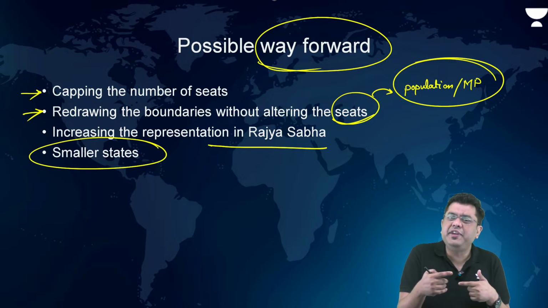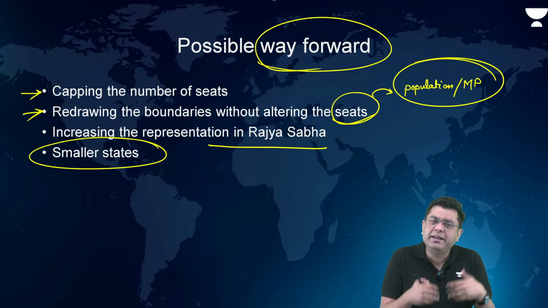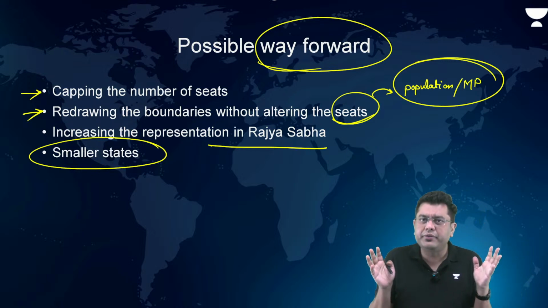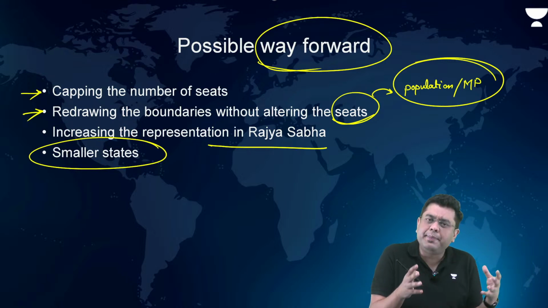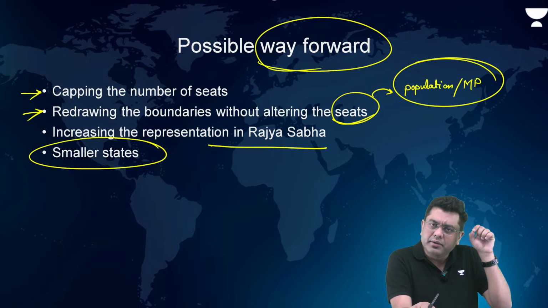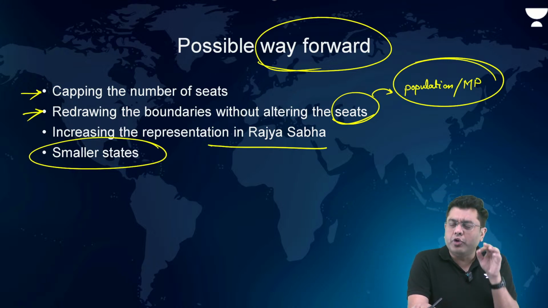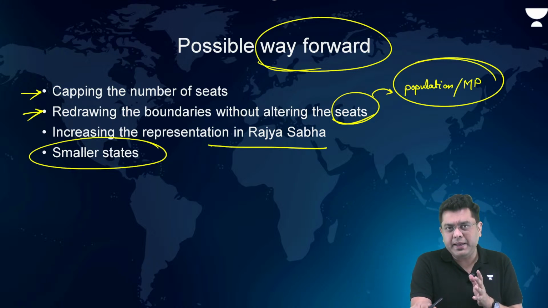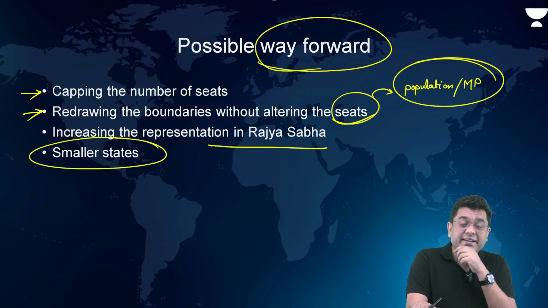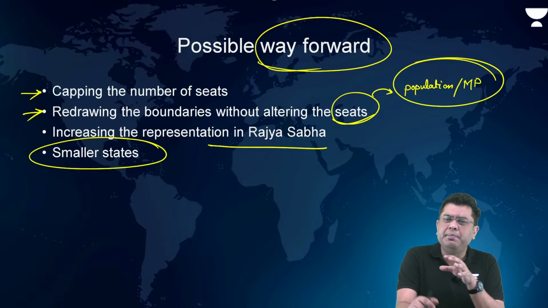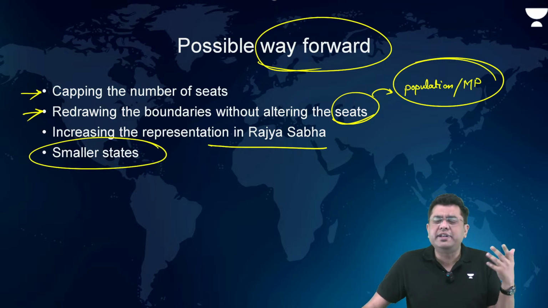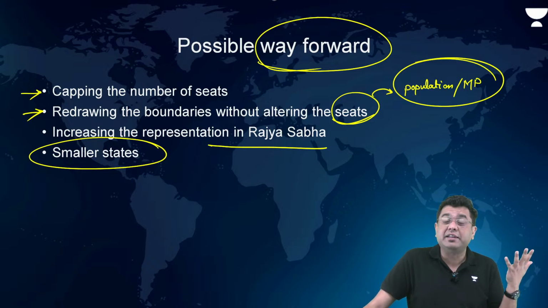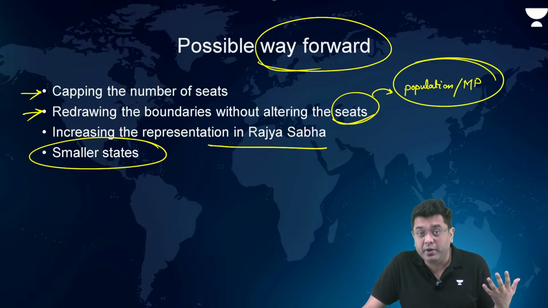So why can't we have a system where greater power is given to the state governments? And let's suppose we redraw the seats or the constituencies of the legislative assembly. In many of the states, the number of seats for the legislative assemblies have been unchanged for decades now, despite the fact that the population has almost quadrupled.